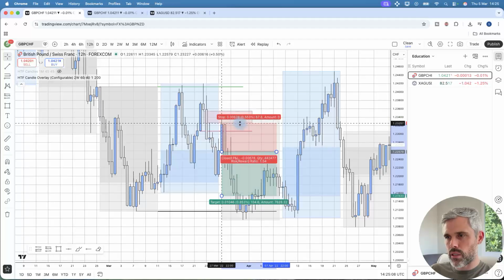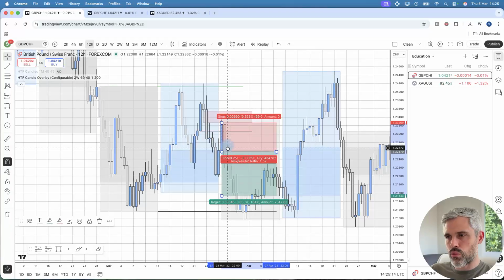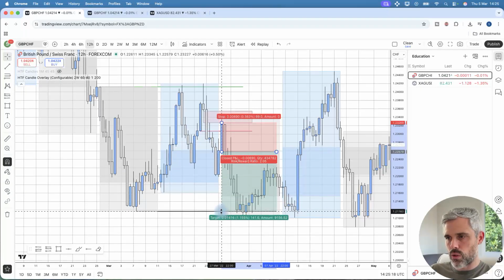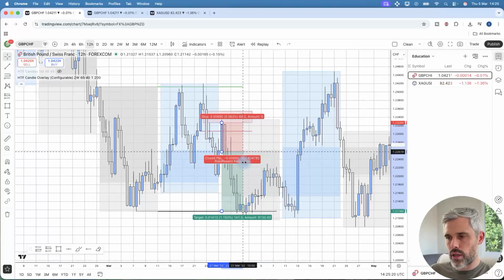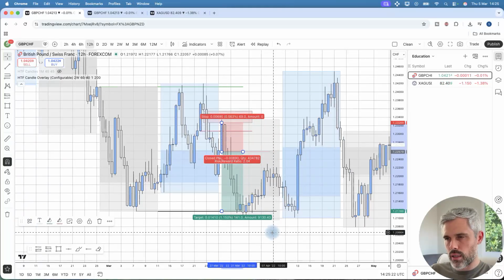We can probably just reduce this stop because price has already ran into the fair value gap, so there's no reason for price to retrace that far. And where do we target? The actual low. And that turns into a very clean 2R trade.